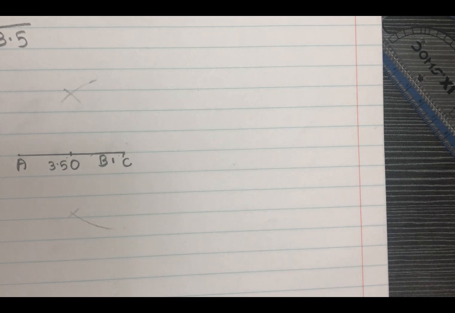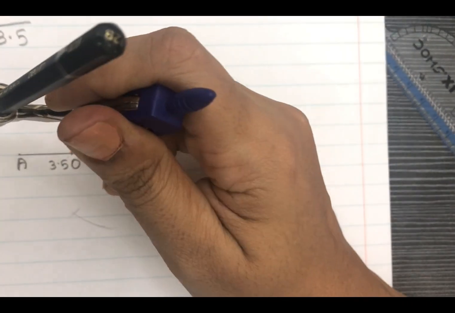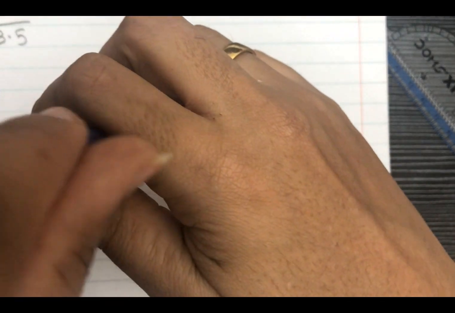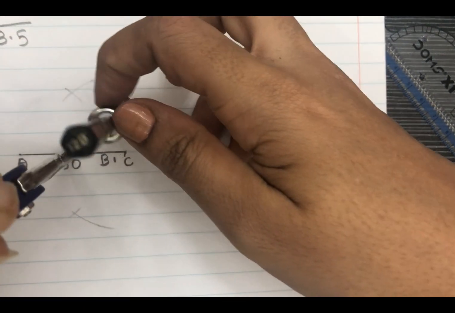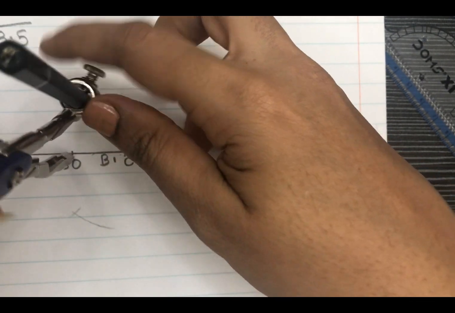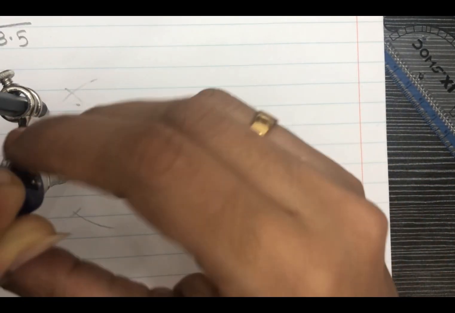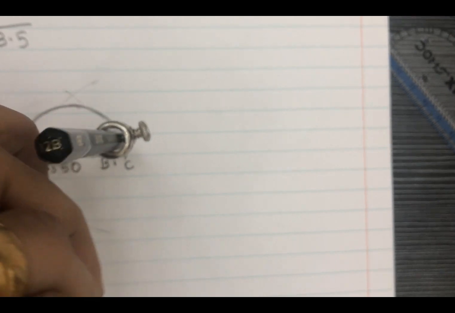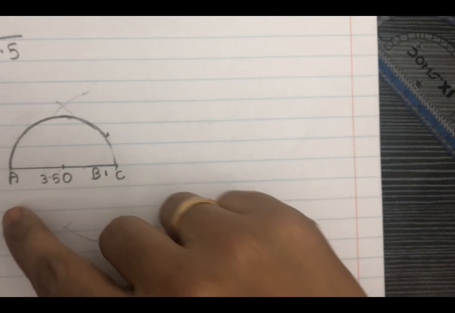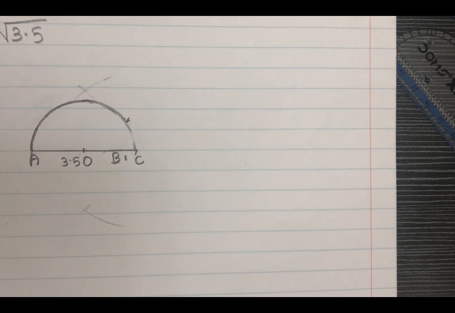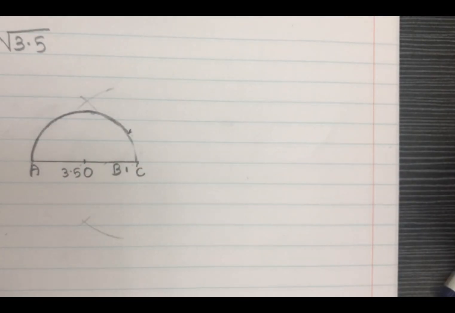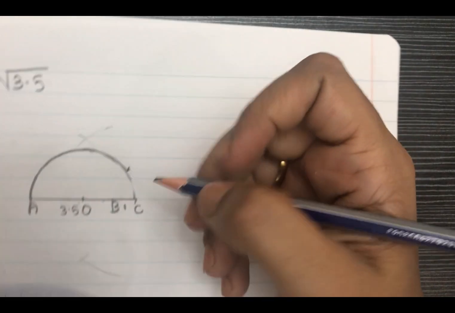What will I do? With OA as a radius, I'll draw an arc, and now from the point B I'll draw a perpendicular.